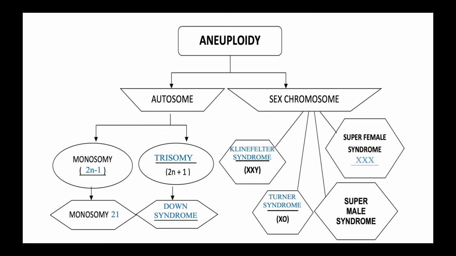Superfemale syndrome, XXX, is a trisomy condition whereby the individual carries 3 sex chromosomes, all of which are X chromosomes. Supermale syndrome is also a trisomy condition whereby the individual carries 3 sex chromosomes, XYY.